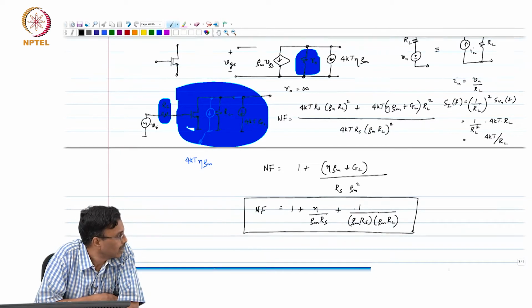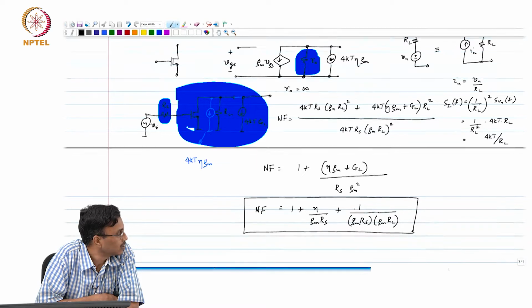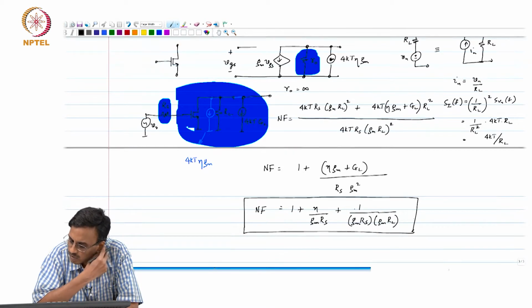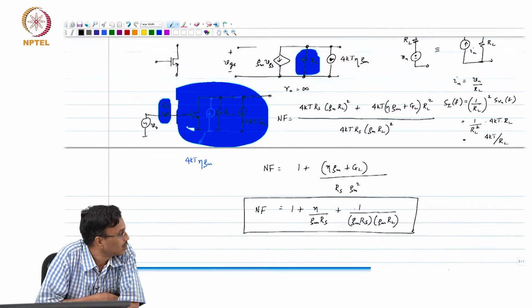Okay. Now, what comment can we make about the noise spectral density added by the resistor in relation to that added by the transistor?